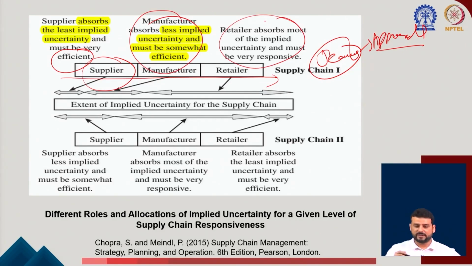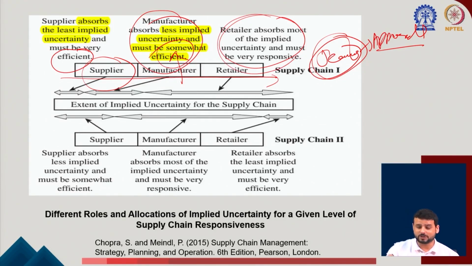Now whatever you are manufacturing, maybe some uncertainty is there. If any old fashion is there or any trend change is there, you need to amend. But still, because the main demand for jeans is almost saturated, you should also be somewhat efficient. Efficiency parameter should be top priority. Responsiveness should be there. If any trend is there, you need to go for that.